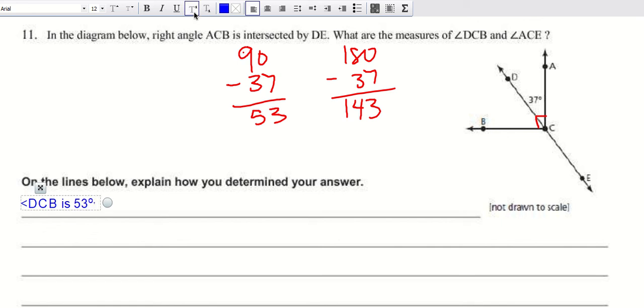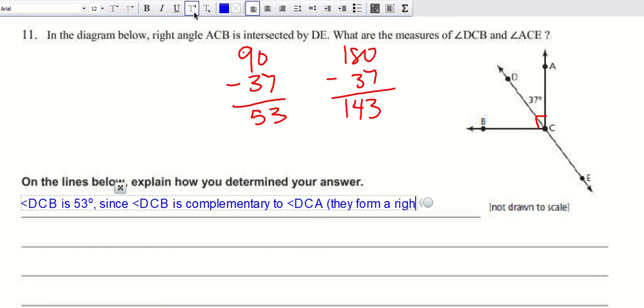Since angle DCB is, vocab word, complementary to angle DCA, right? And then why? They form a right angle. Okay, you can use that angle symbol for yourself. Fortunately, I'm stuck with the less than symbol here, but that's okay. And then that's the end of our thought here. So we'll put a period for ourselves.